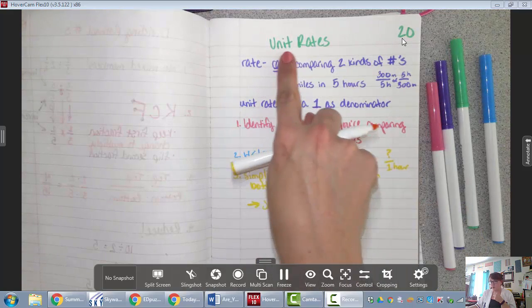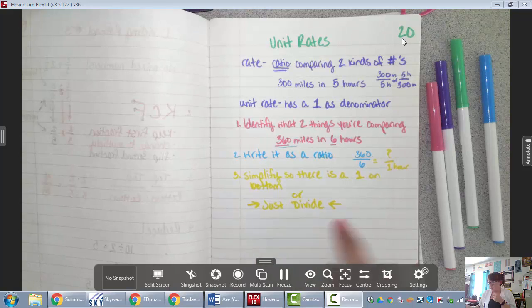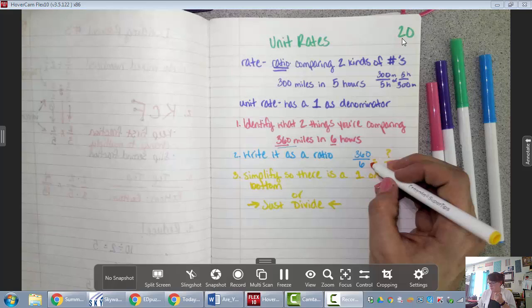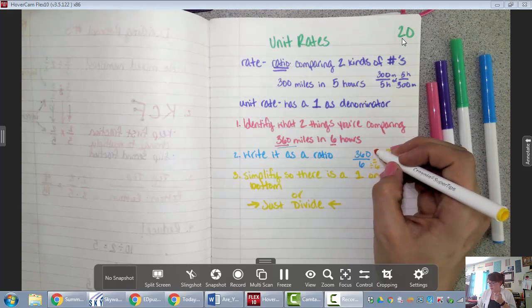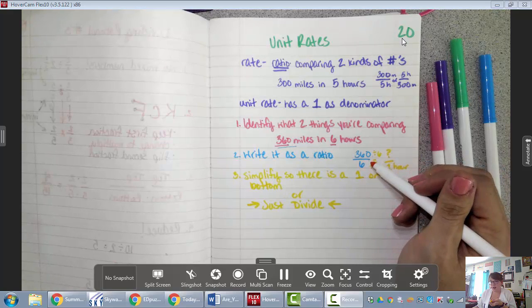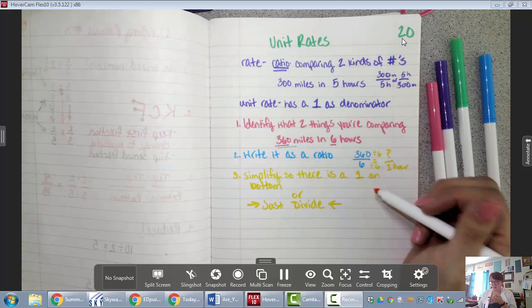And since I'm dealing with unit rates today, to reduce, I could divide the bottom by 6 and the top by 6, which is just the top divided by 6.